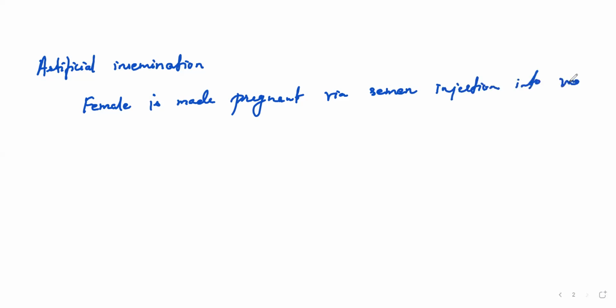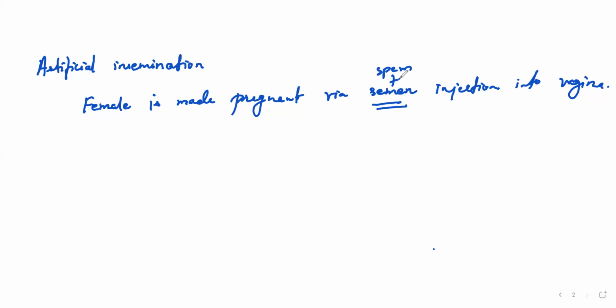So whatever process naturally should take place, it is done artificially. In this process, the semen, which contains the male gamete, the sperm, is collected from the male and they will make sure it is of good quality and has a number of motile sperms in it.